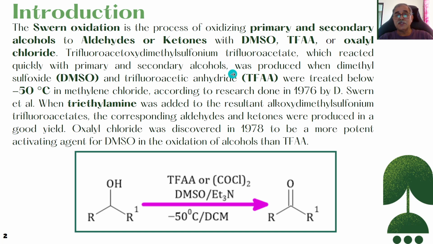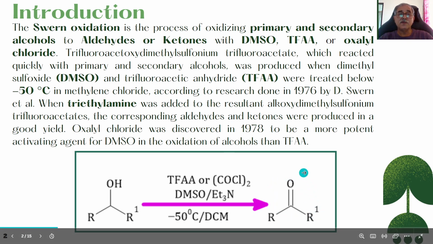So basically what happens is, at a low temperature of the order of minus 60 degrees centigrade, that is below minus 50 degrees centigrade, when dimethyl sulfoxide is reacted with trifluoroacetic anhydride, then at this low temperature they give us an intermediate, that is trifluoroacetoxydimethylsulfonium trifluoroacetate, and this intermediate formed then reacts with the alcohol to oxidize these alcohols to aldehydes or ketones.